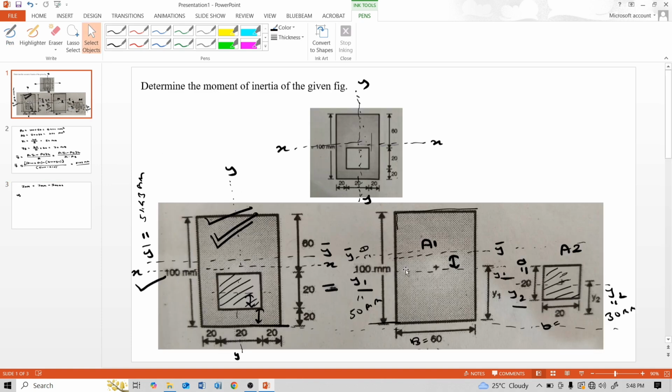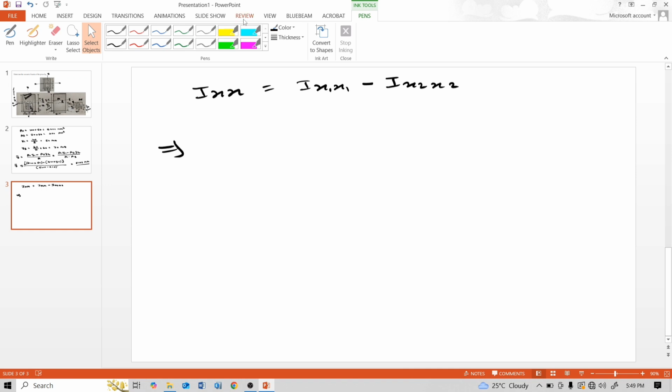Ixx1 is the moment of inertia for the original rectangle about the original neutral axis, using the parallel axis theorem. See our previous lecture to grasp the concept of the parallel axis theorem.